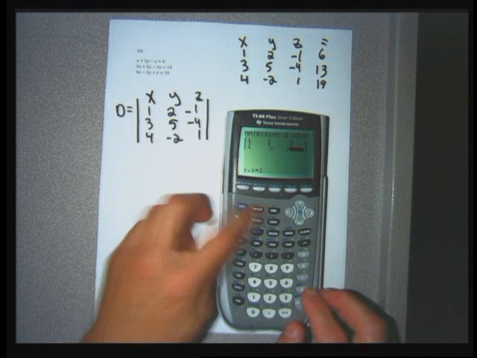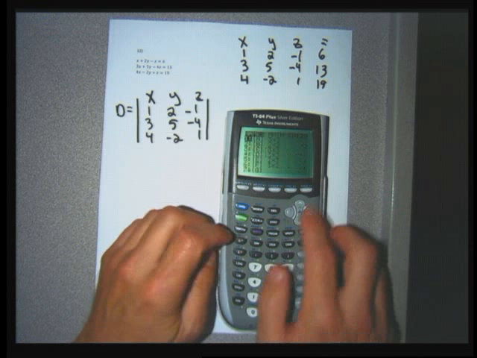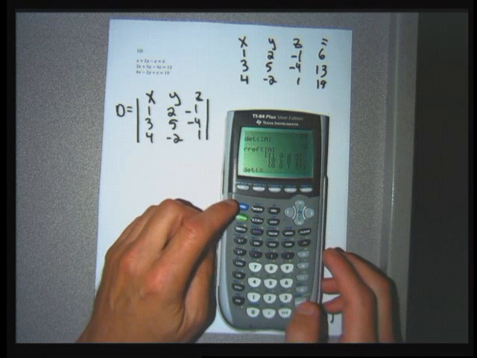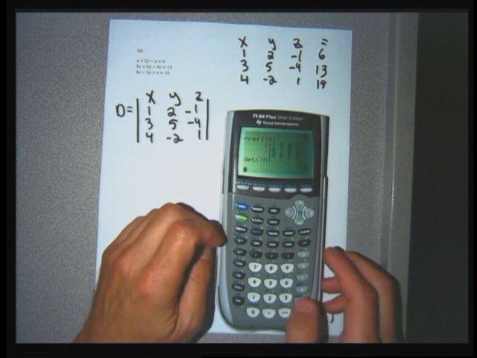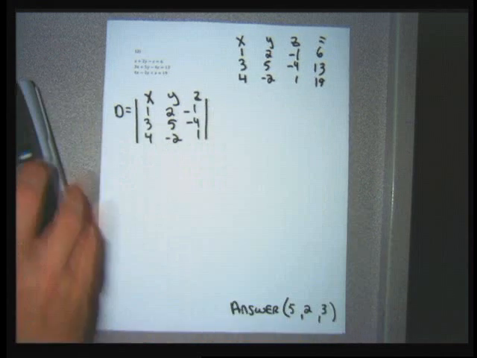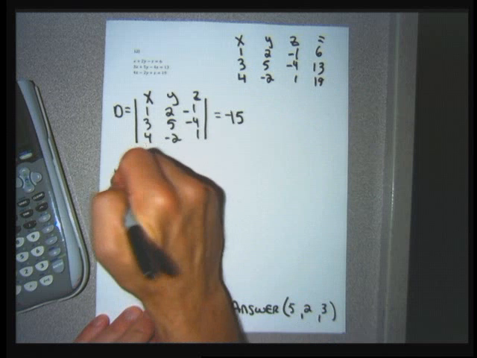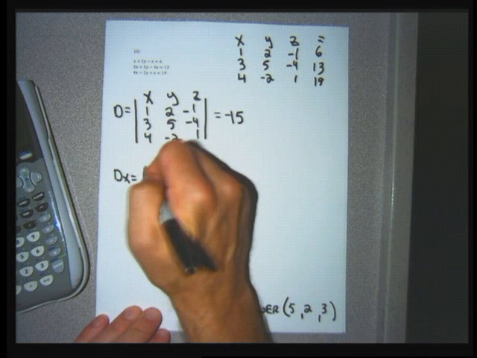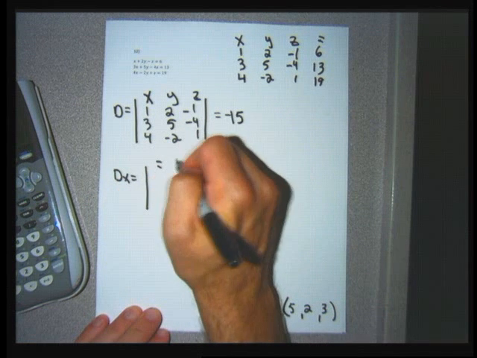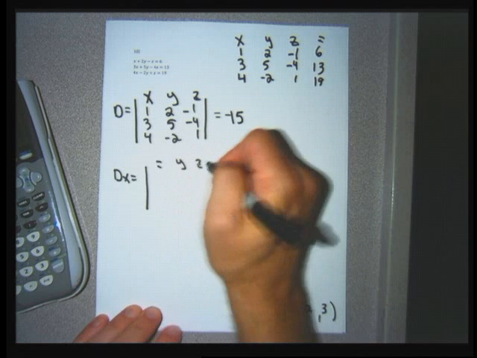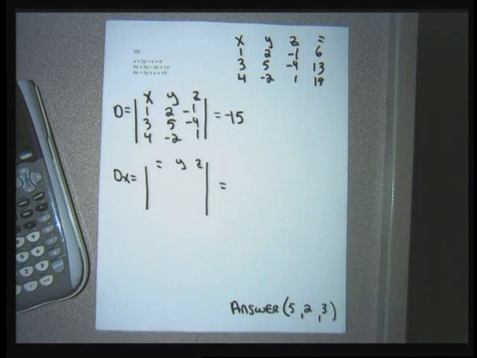Get it in, second quit, second matrix math, determinant, second matrix enter, enter. So the D number is going to be negative 15. Mindlessly did that on my calculator. Doing these determinants by hand is just not something that I'm going to worry about. You're probably not going to see determinants again unless you take linear algebra. Maybe Calc 3 might have some in there.